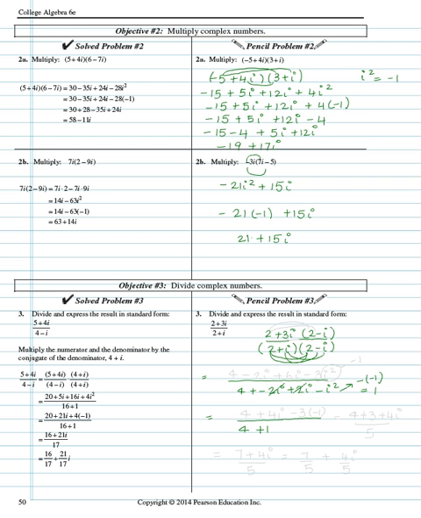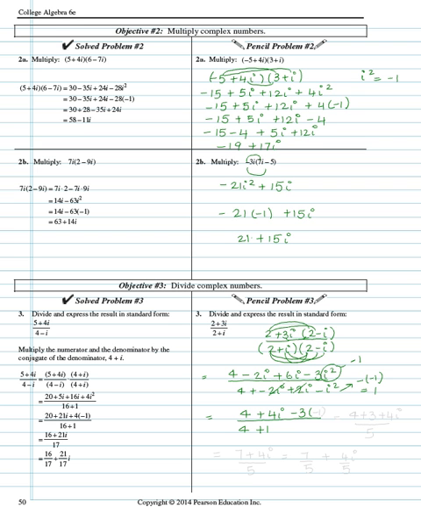And now I'm going to go back and do the top. 2 times 2, 4. 2 times negative i, negative 2i. 3i times 2 is 6i. 3i times negative i is negative 3i squared. Again, I'm going to change my i squared to a negative 1. So I have 4, and -2i plus 6i gives me 4i.